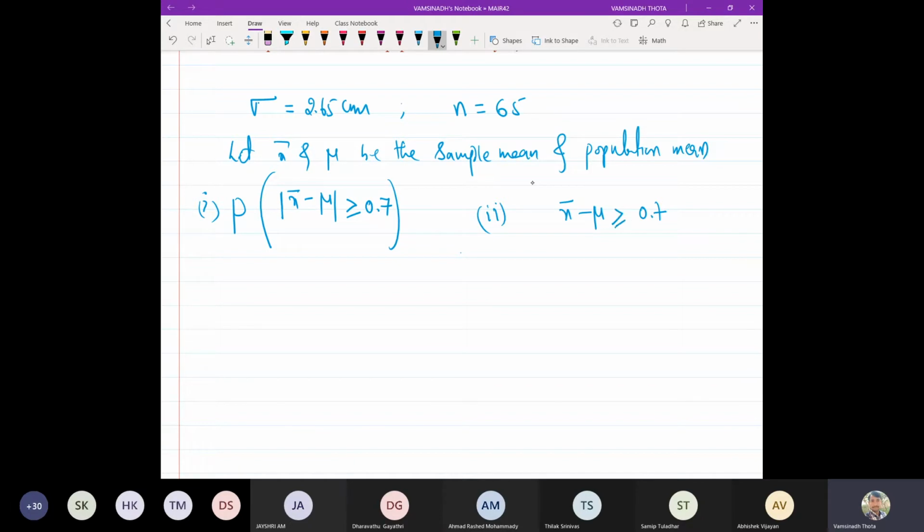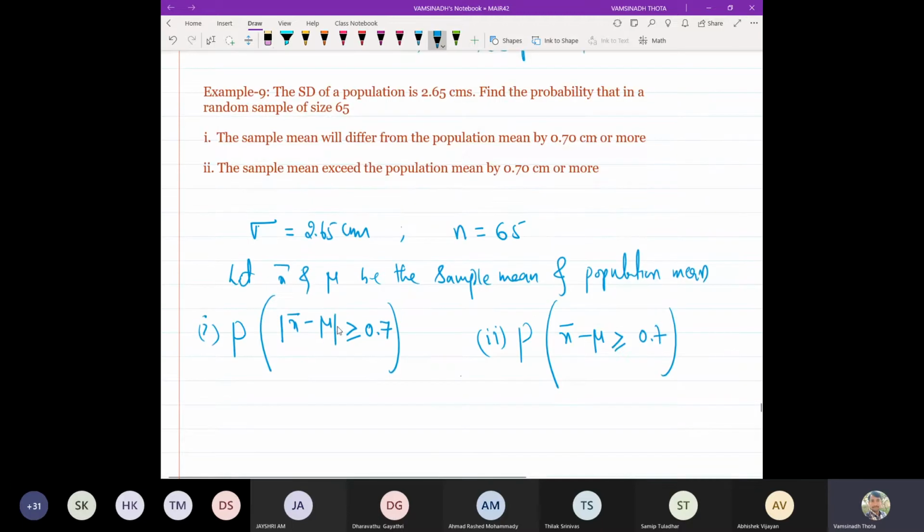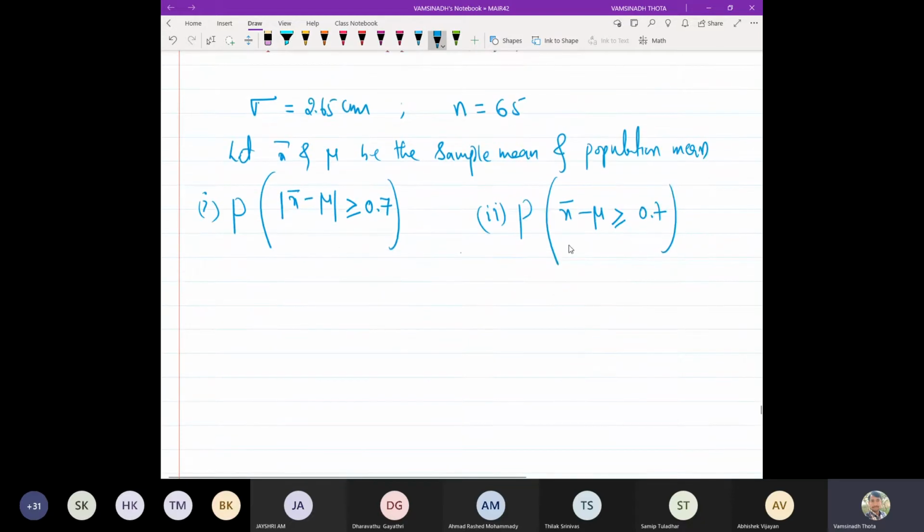So this is the difference between the two: in the first, the sample mean may be less than the population mean, but the difference between them should be more than 0.70. In the second problem, the sample mean should exceed the population mean. So these two things we need to evaluate with the given data.